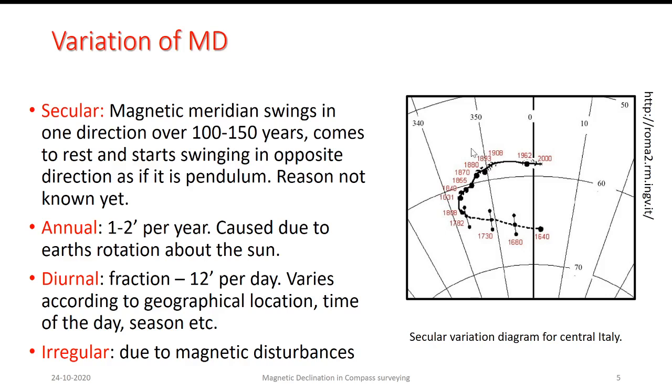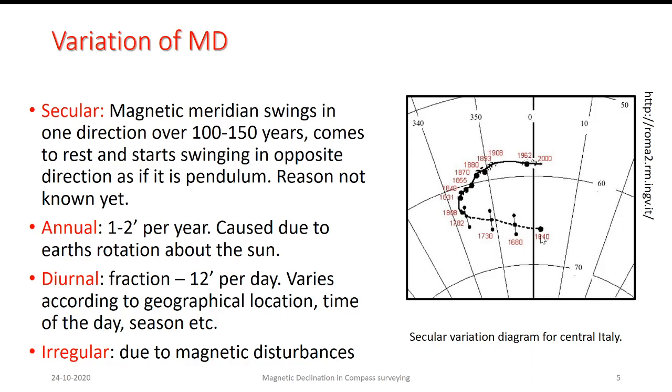Here, just for reference, I am presenting a diagram showing the secular variation of the north for central Italy. Let's consider the leftward figure: since 1800, this particular north is moving and attaining this field.